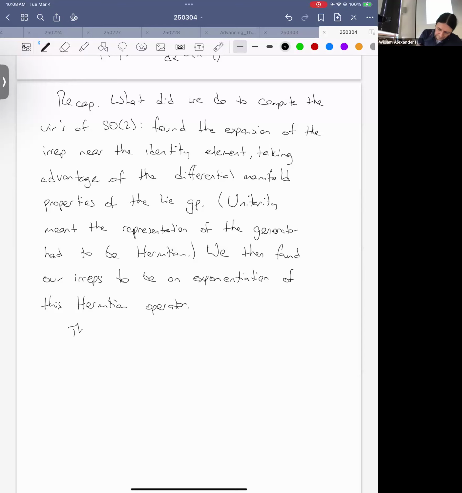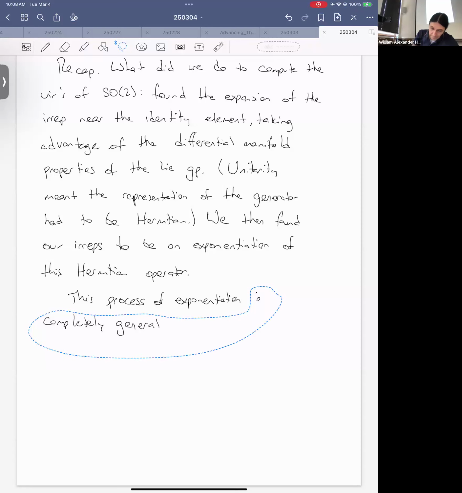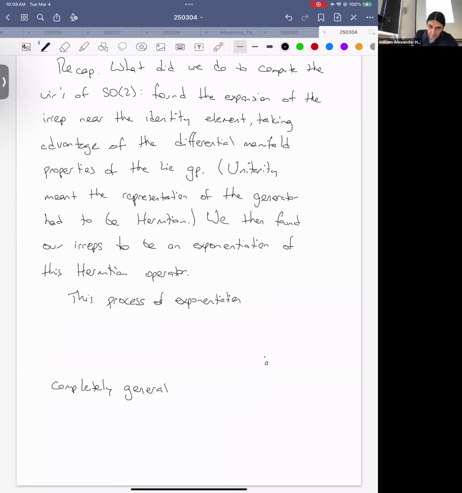And the point is, this process of exponentiation is completely general. This exponentiation, I should say, of the linear expansion of the unitary representation near the identity.